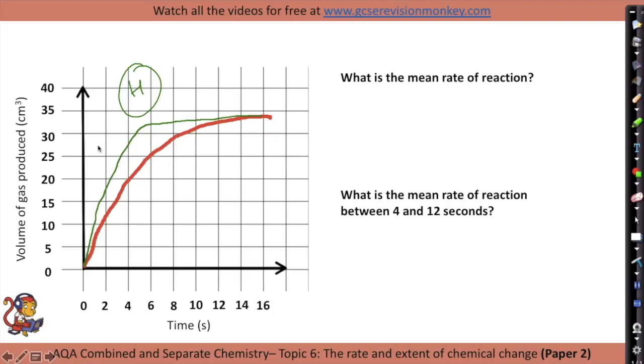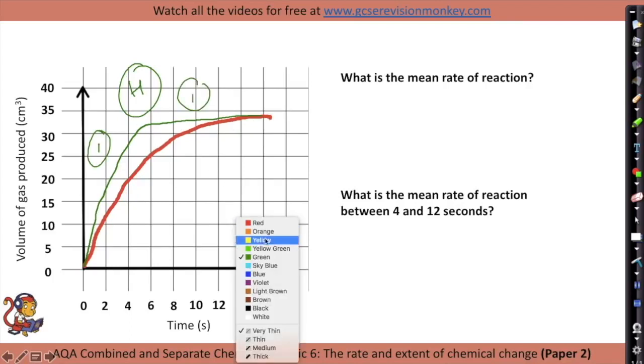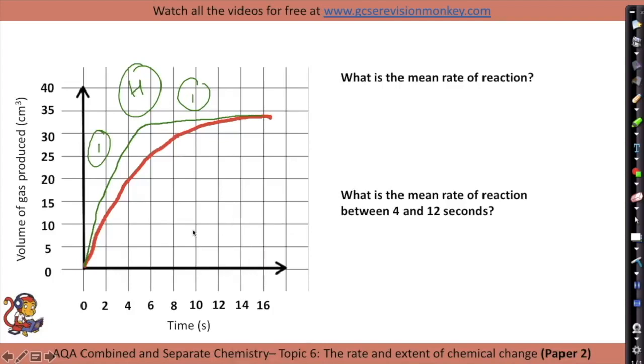So you'll get 2 marks, 1 mark for drawing it the right side of the line and 1 mark for making sure it levels out at the same place. If you were to draw a lower rate of reaction, that would be below the initial line because less gas is being produced in the time, and again it must finish off at the same place as before.